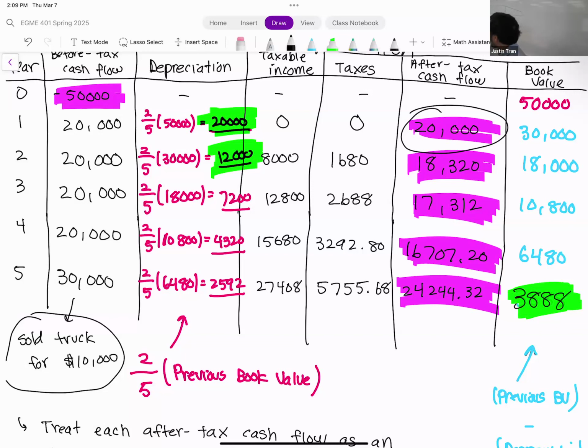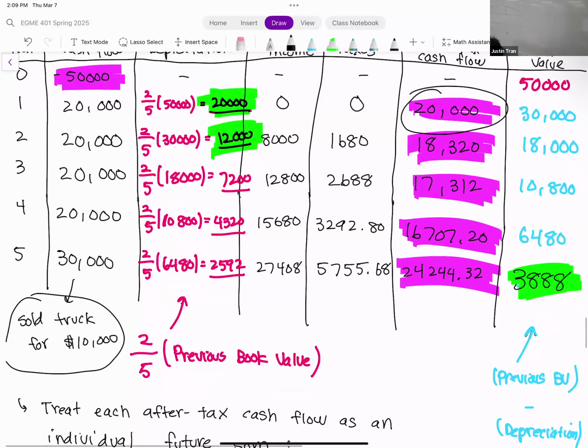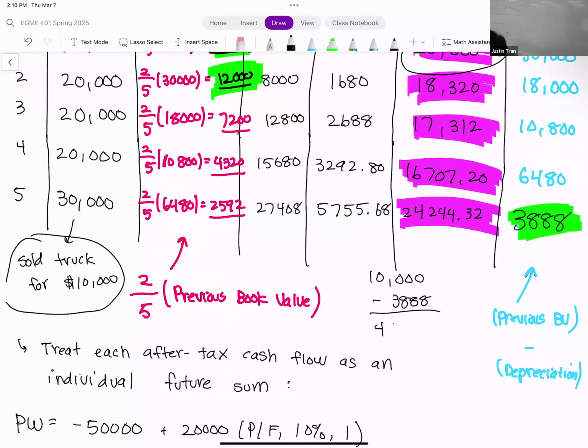So that means that, according to the IRS, we earned a difference of $10,000 minus $3,888, which is $4,112. Okay. Right. So if we were to do this properly, we would get taxed on this extra amount, $4,112.